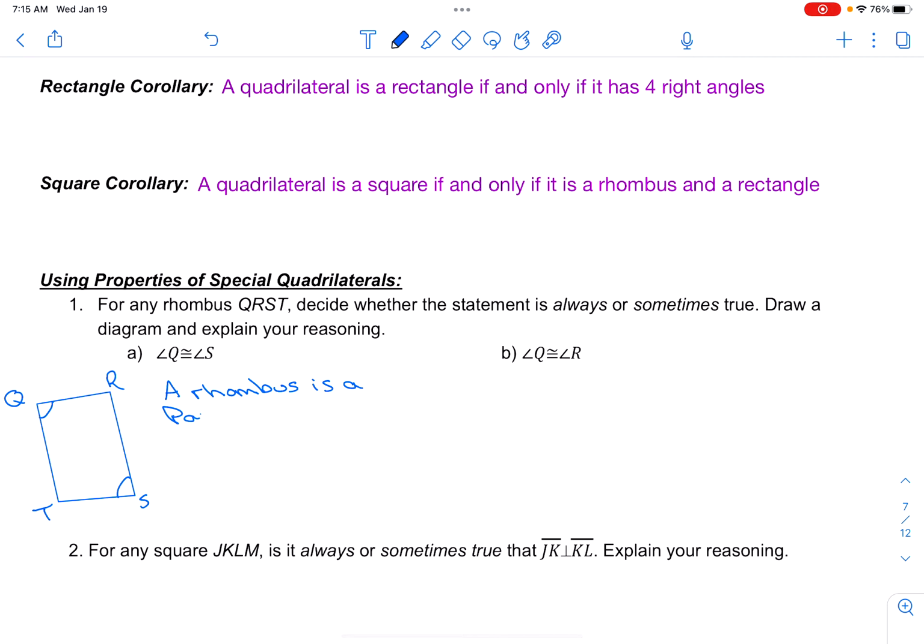Since it is a parallelogram, that means that opposite sides are congruent.